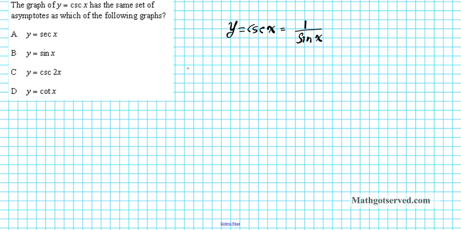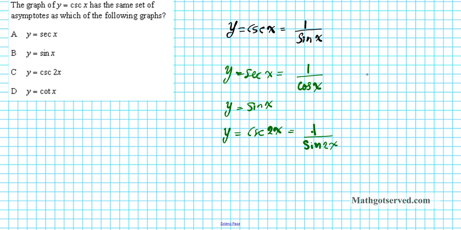All right, so option A, y equals secant x, can be written as 1 over cosine x. Option B, y equals sine x, cannot be expressed using a quotient identity or the reciprocal identity, so we'll leave it alone. Y equals cosecant 2x is equal to 1 over sine 2x.